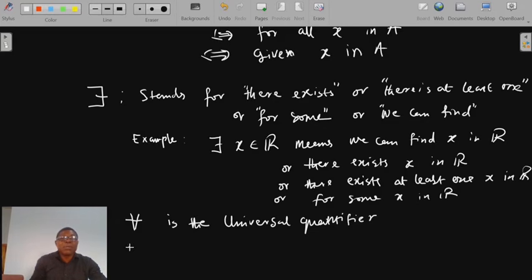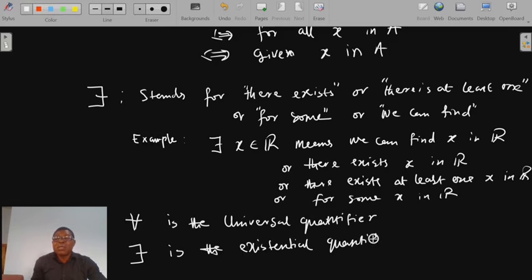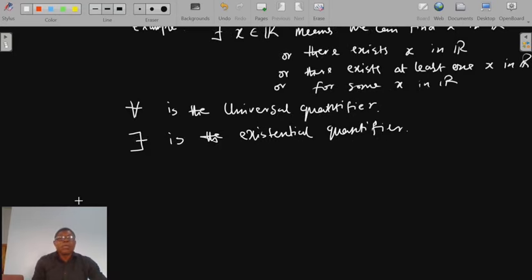While the symbol there exists is the Existential Quantifier.